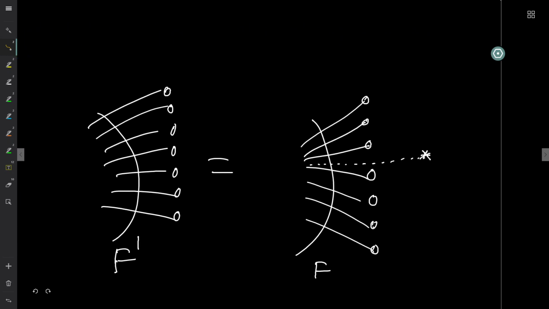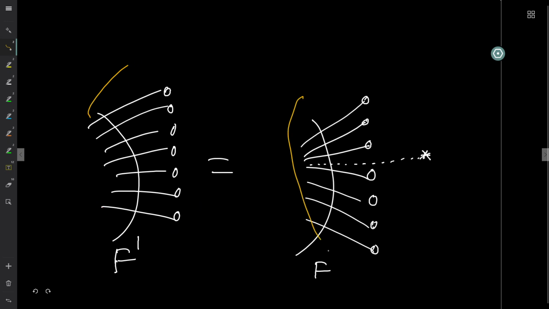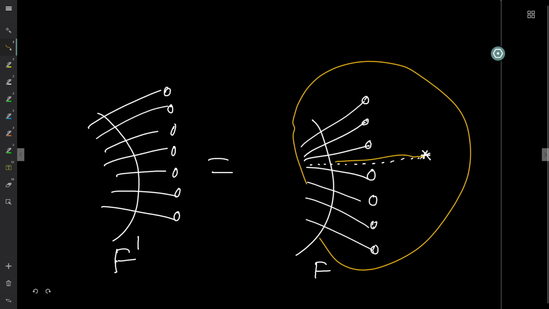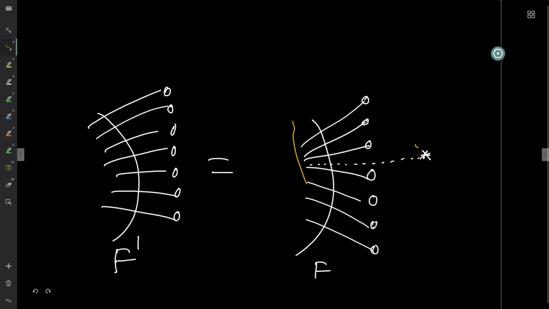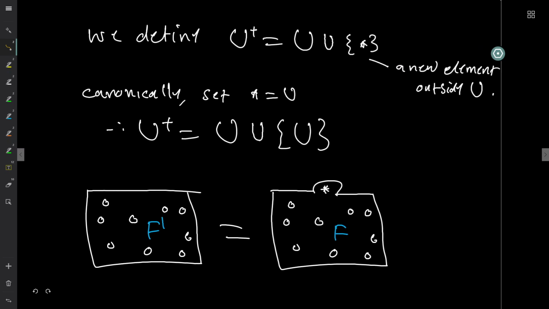So let us look at the picture. The F prime structure on a set is basically an F structure on the set together with a new element, where the new element is discarded after making the structure F. So we define U plus as the set U union a new element star, where star is an element that is not in U. And a canonical way to select a new element always, whatever your set U is, is to take the set U itself as a new element.